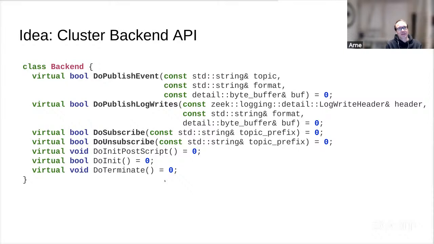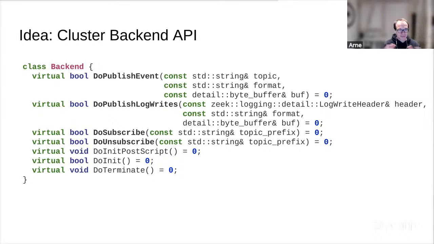This slide is if you wanted to build your own cluster backend, so if you build a plugin that provides the functionality, this is the interface that you would need to implement. The first two are probably the more important ones: publishing an event and publishing log writes. There should be nothing surprising if you have used a PubSub library before. There's a topic, the format describes how the buffer is encoded, and then there's the buffer which represents the message.